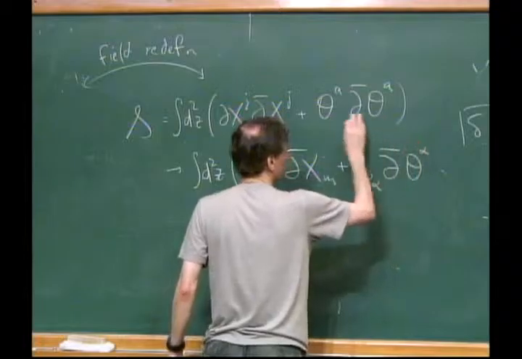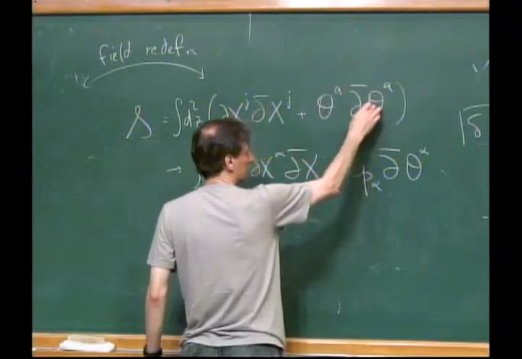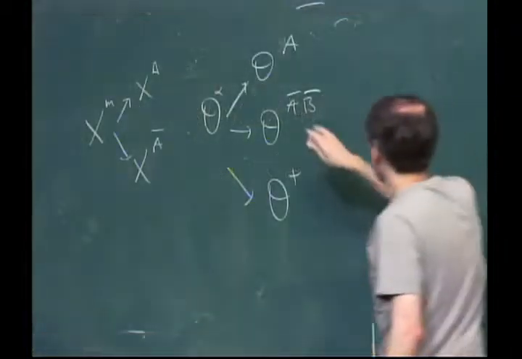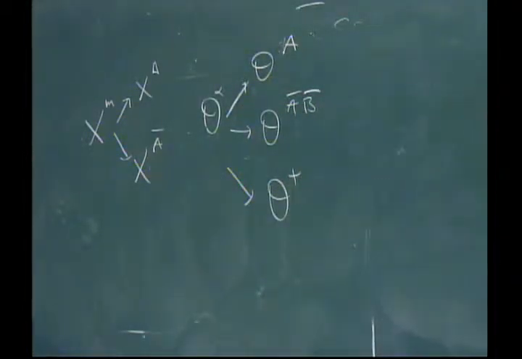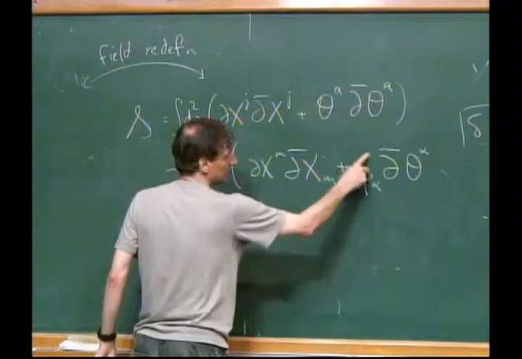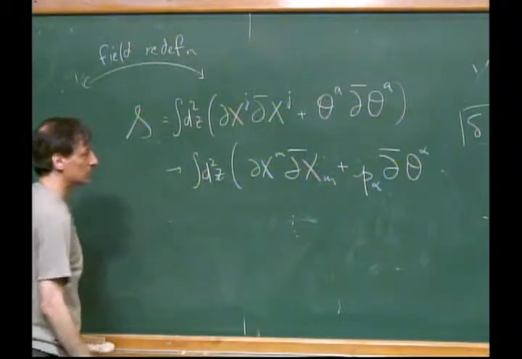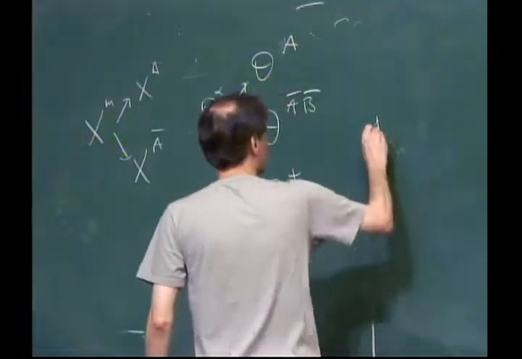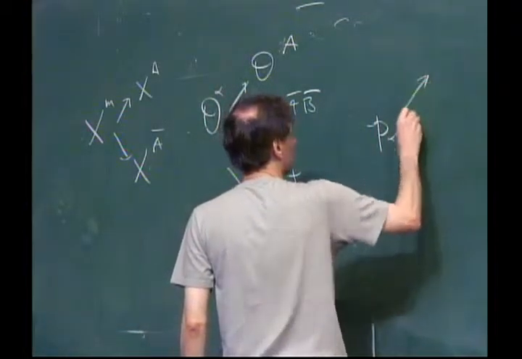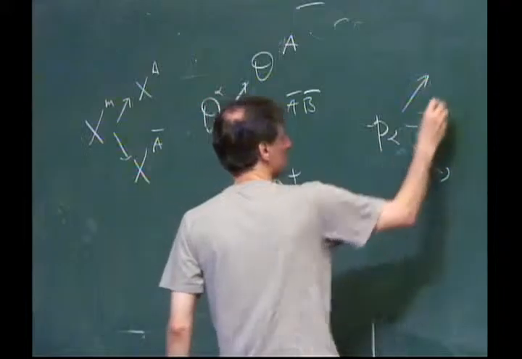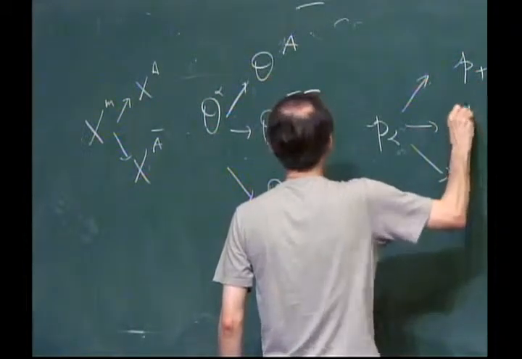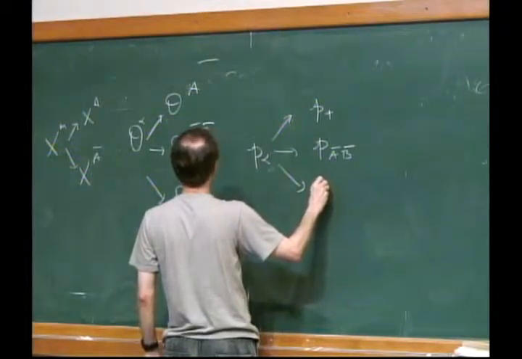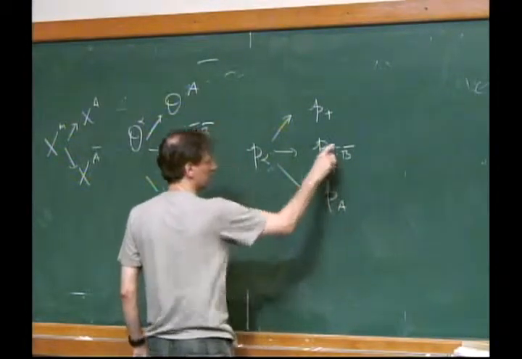So the only way to write the covariant version of this is by requiring that half of the thetas come from theta alpha. That will be coming from this theta A. And the other thetas are going to come from the conjugate momentum to theta alpha, which I'll call P, which is going to be an anti-Weyl spinor. So P alpha is going to split up into a 1, 10, and 5 bar, which I'll write with lower indices.